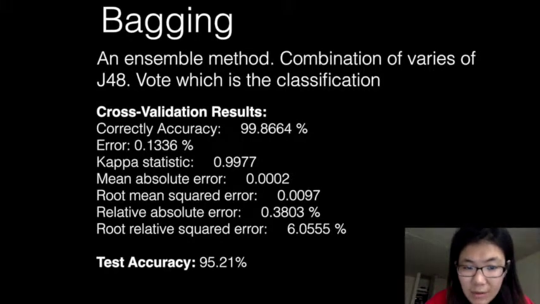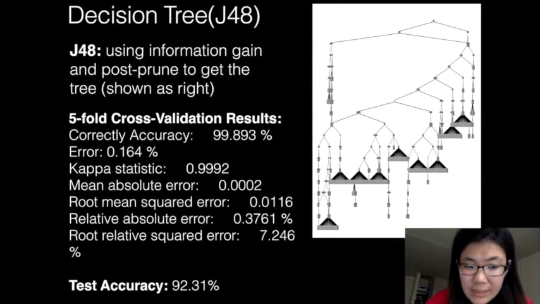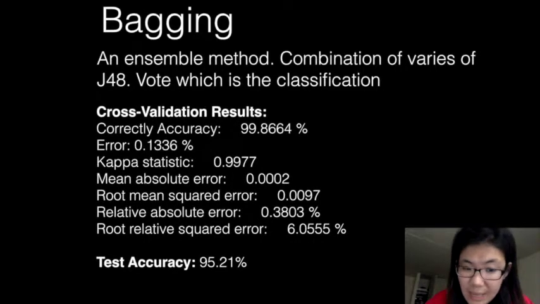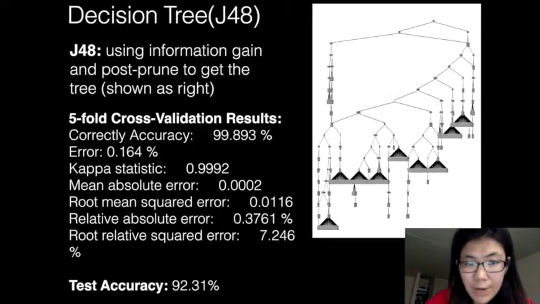The mean absolute error is also very small, and the root mean squared error, relative absolute error, and root relative squared error are shown in the PowerPoint. Notice that the test accuracy is 95.21%. This is an improvement from the decision tree to bagging.